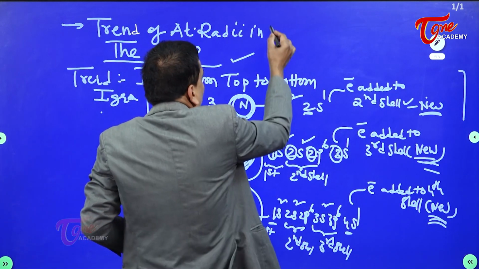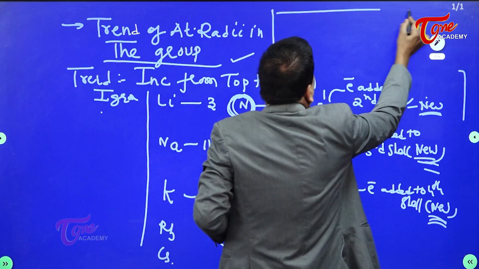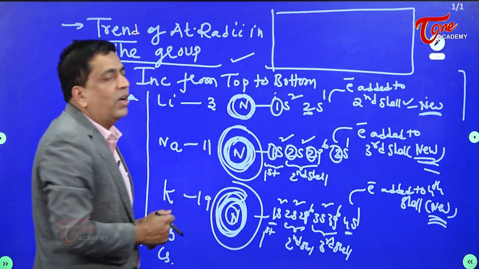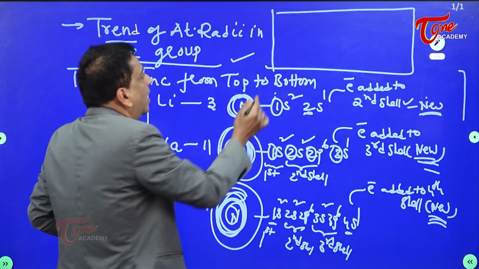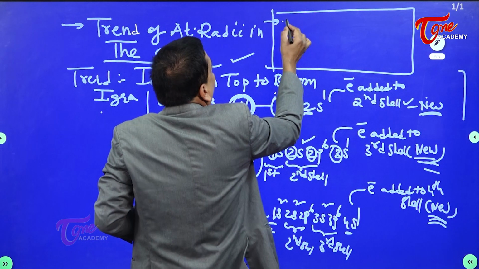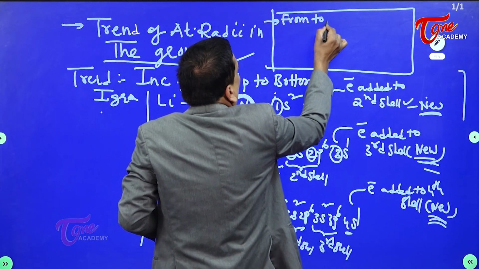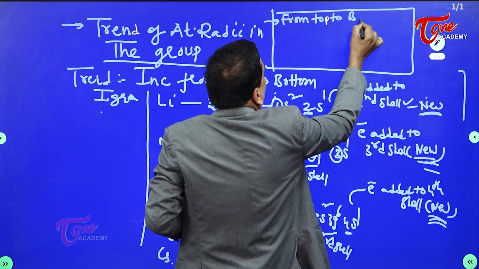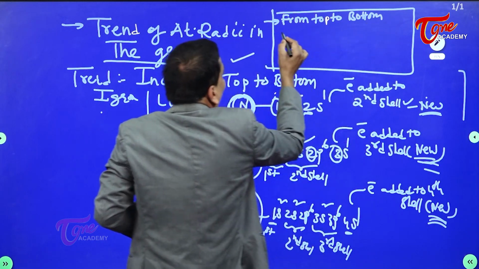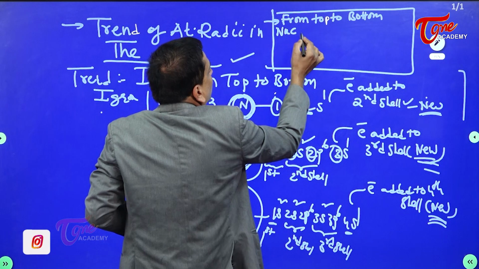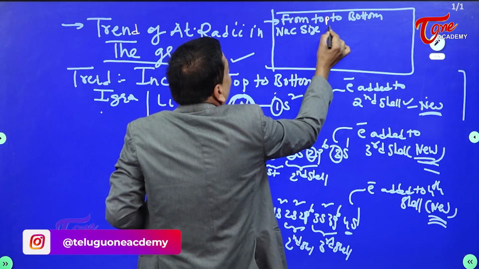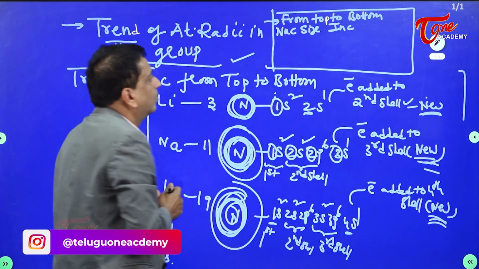Watch carefully. I'm writing here why atomic size or atomic radii increases in a group. From top to bottom, nucleus size increases.